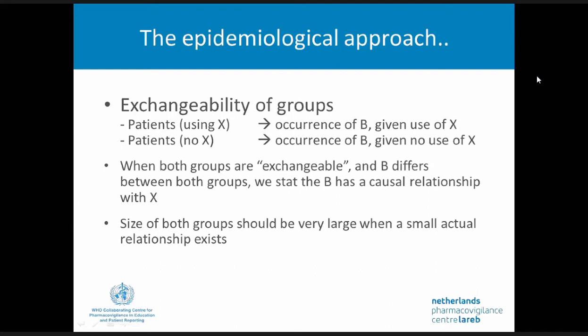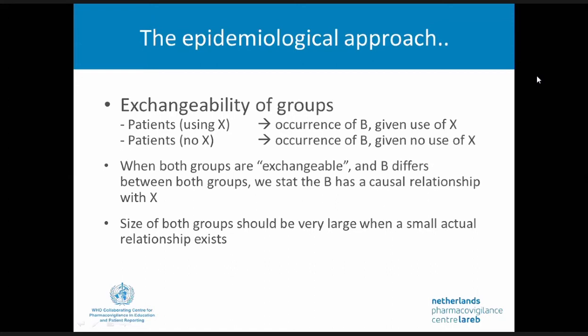And then you can have people or groups that are not cigarette smokers, and then you follow them up over time to see whether they develop lung cancer, even if they do not use cigarettes.